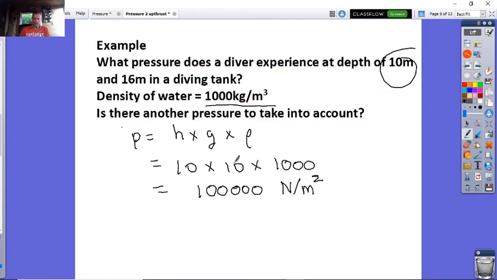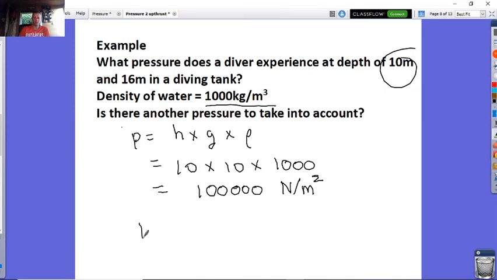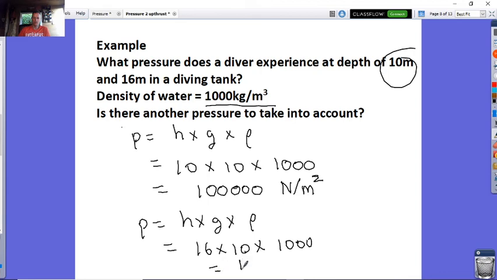Now, the next one, 16 meters, is dead easy to work out. Pressure equals height times G times rho, which is 16 multiplied by 10, and then you have the 1,000 again, giving 160,000.